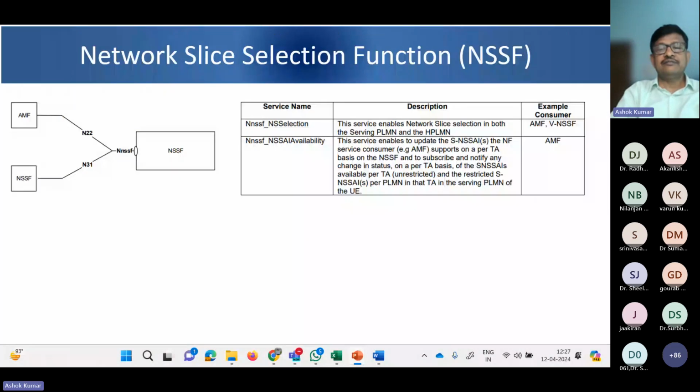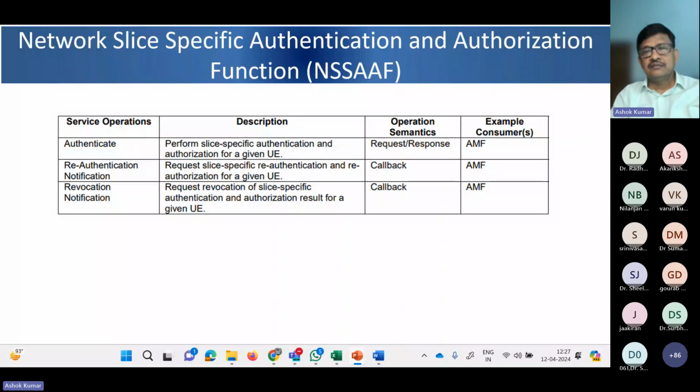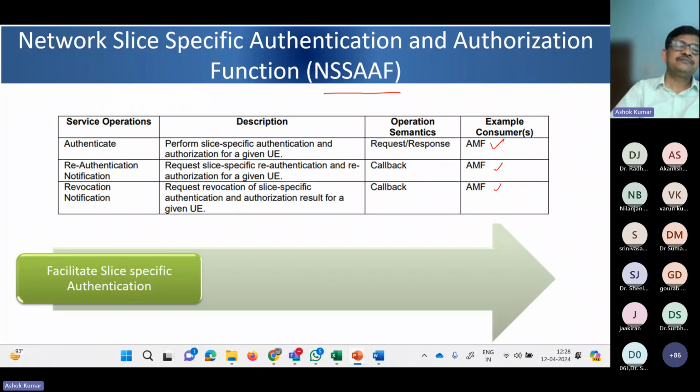Okay. So this we have spoken about. Now the next network function I want to talk about is the NSSAAF, Network Slice Specific Authentication and Authorization Function. What services does it give to different elements? Basically it gives services to AMF. Let me explain one by one.